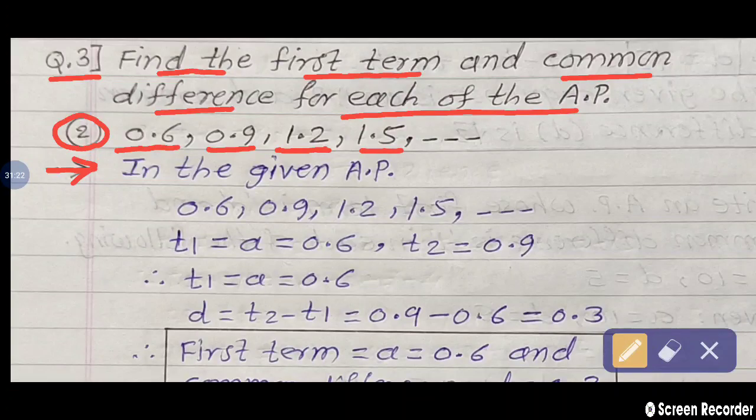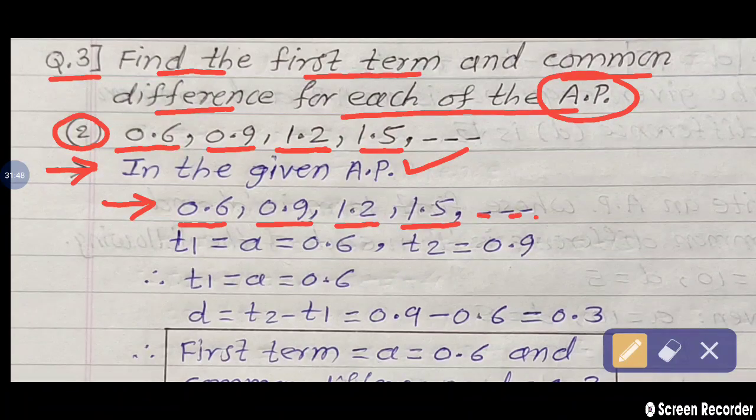Now answer. This sequence is already an AP, that is, an arithmetic progression. So we write like this. In the given arithmetic progression, or in short AP, the sequence as it is, we write here 0.6, 0.9, 1.2, 1.5, and so on.